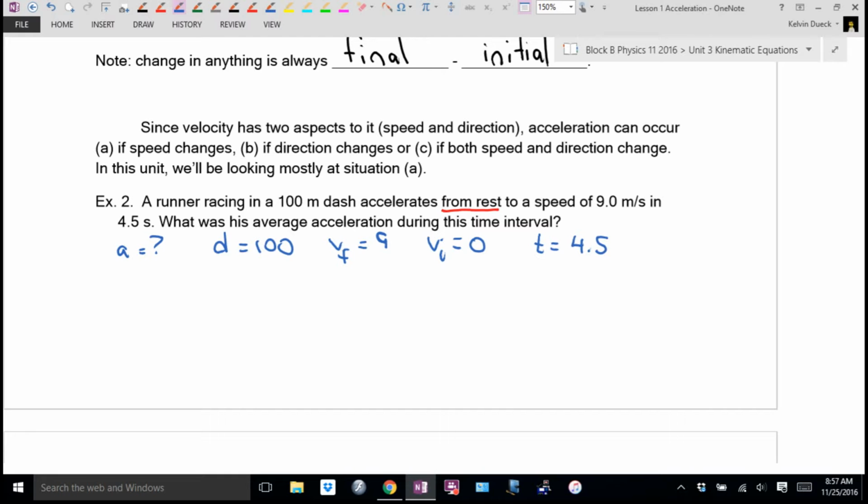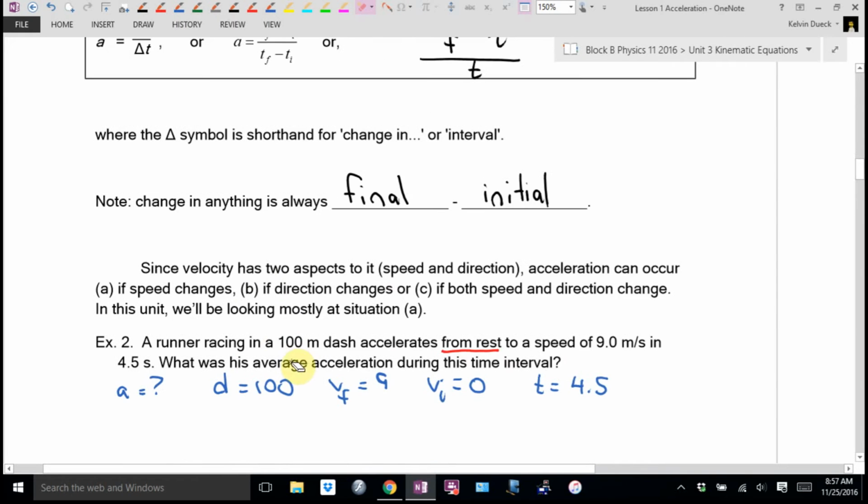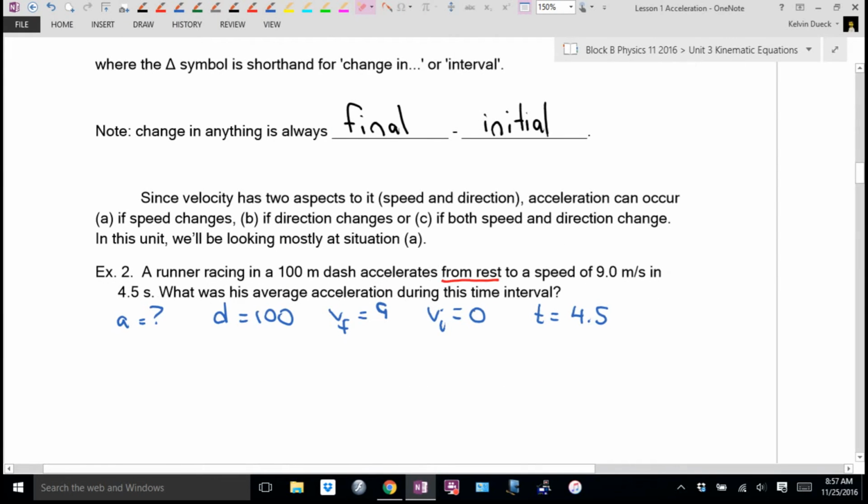If I want to find the acceleration, I need an equation that has an a in it. Well, you know what? This one. Now, this one doesn't have a distance in it. No, I gave you that just to throw you off. We can go like this: acceleration is equal to v final minus v initial over t. Time is a scalar.